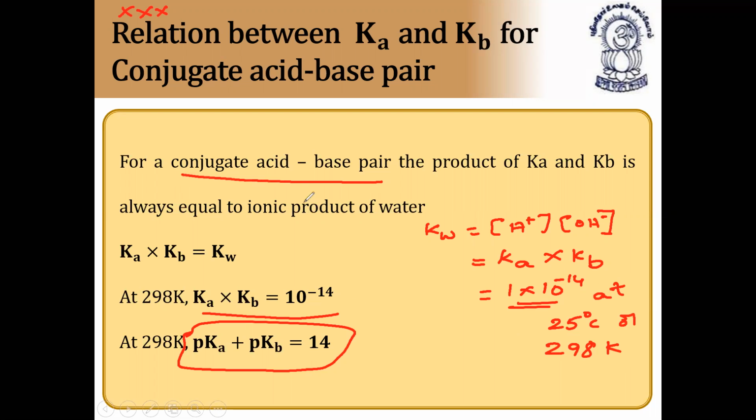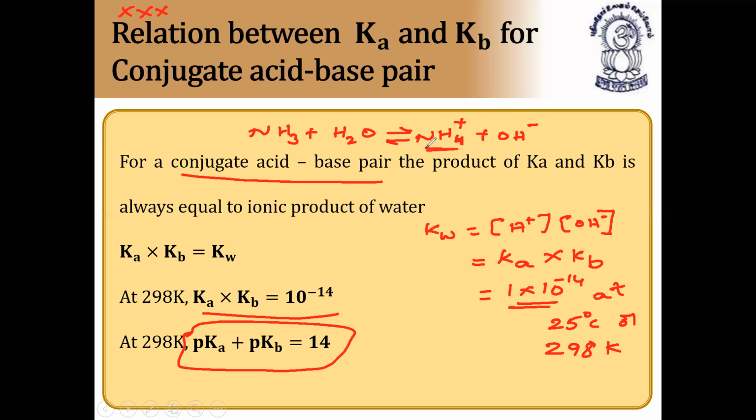So what is a conjugate acid base pair? In the previous lecture, we discussed the question. For example, in this case, ammonia plus water gives rise to ammonium ion plus OH minus.